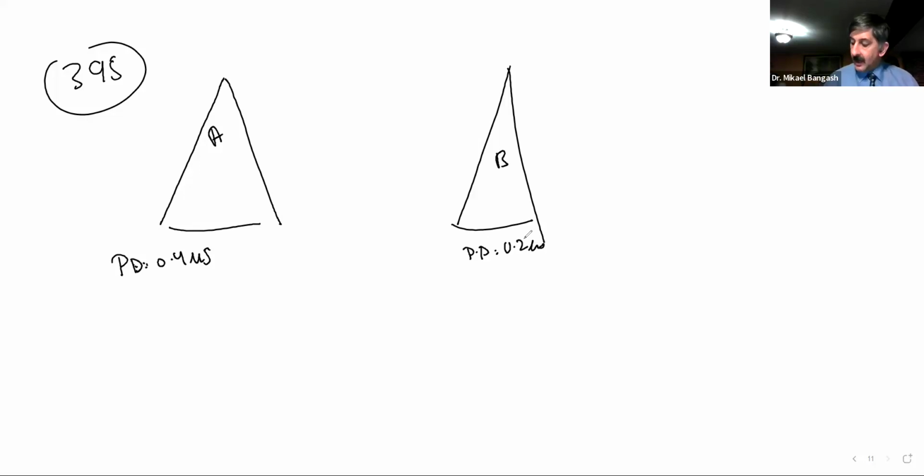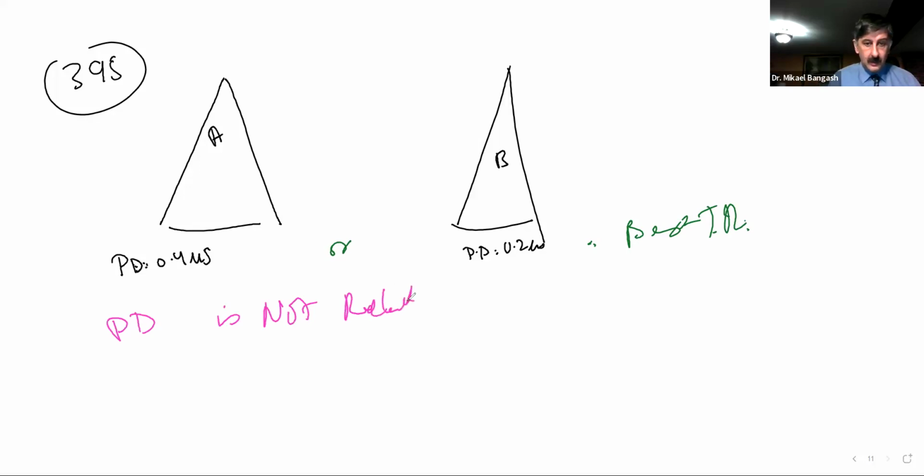Which is most likely going to produce the best temporal resolution? Is it A or B? We already said in the questions above that pulse duration is not related to your temporal resolution.